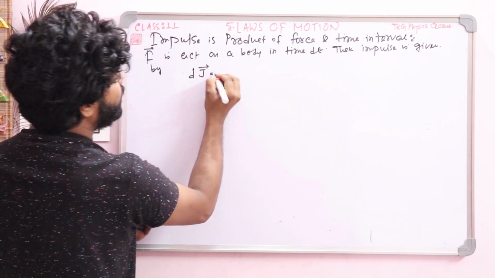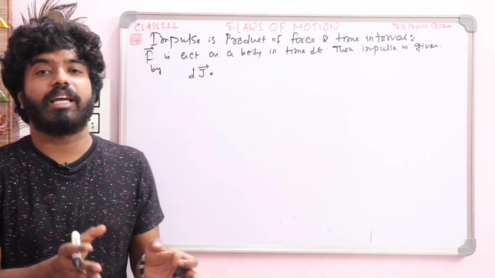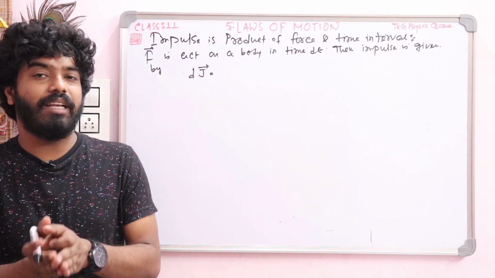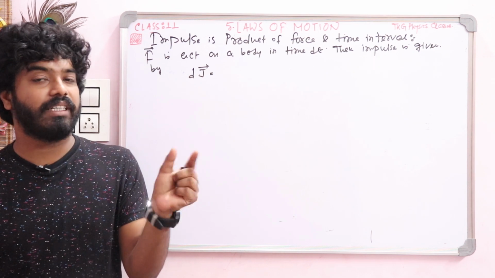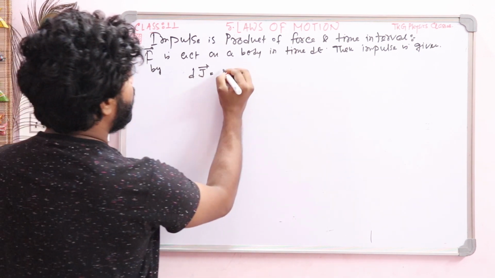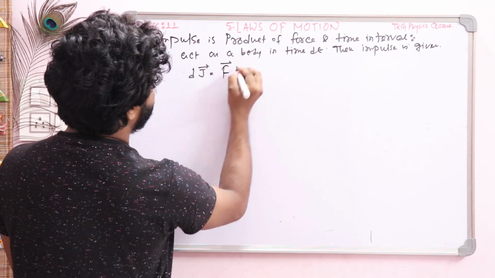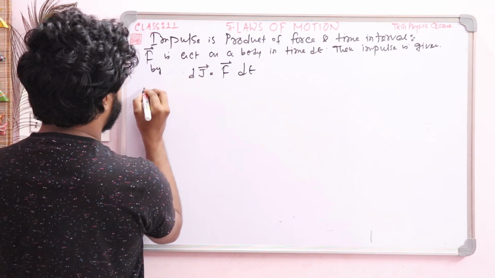Why dJ? You see, the impulse acts on a body for a short time interval dt. So in general, impulse is represented by J, and for a small value that is represented as dJ. So dJ is equal to F into dt.